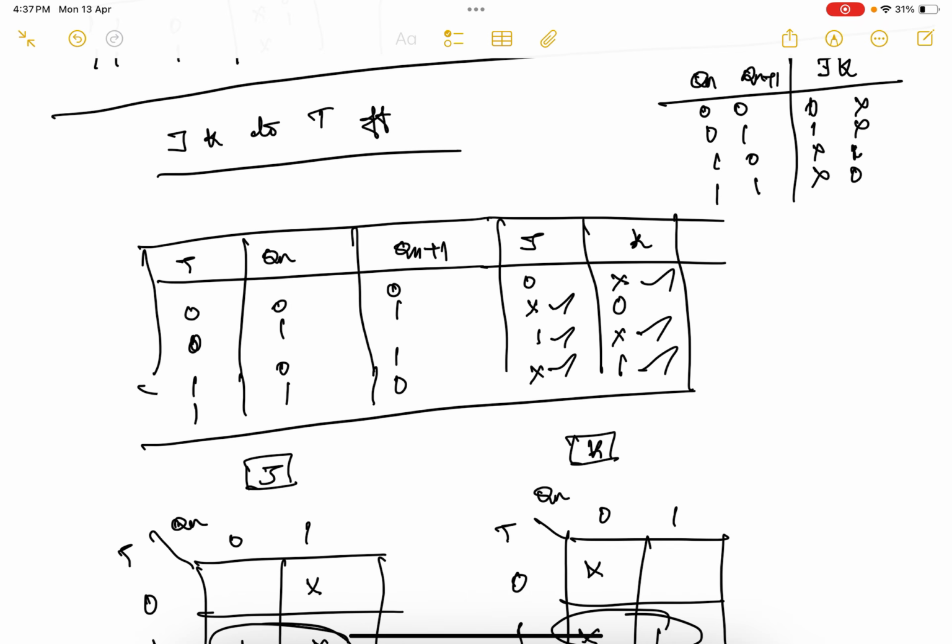Out of them, we have just seen 6 conversions, starting from SR to JK, SR to D, SR to T. Then in this lecture we have seen JK to SR, JK to D and JK to T. In the upcoming lecture we will see the rest of the conversions.